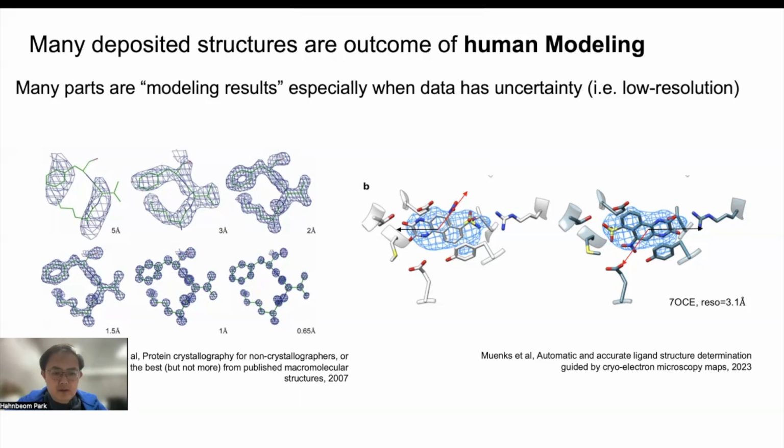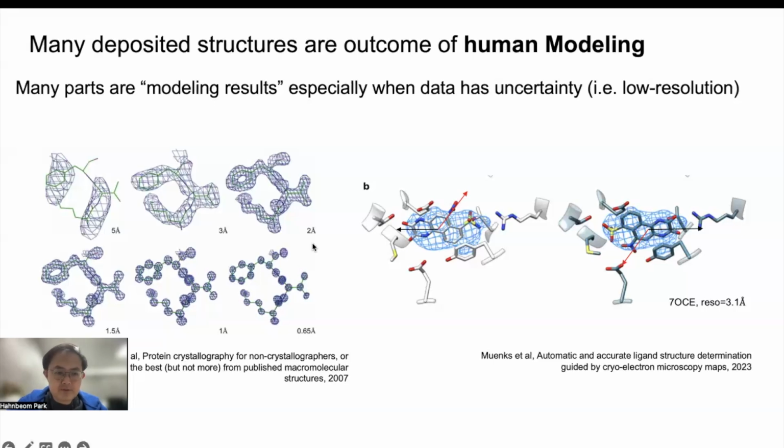And actually, in the title of this section, I mentioned either dynamics or uncertainty. Dynamics could sometimes mean uncertainty, and this uncertainty becomes worse and worse as the resolution gets worse.